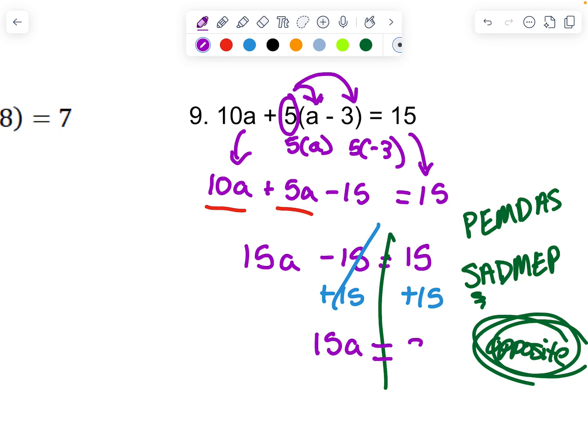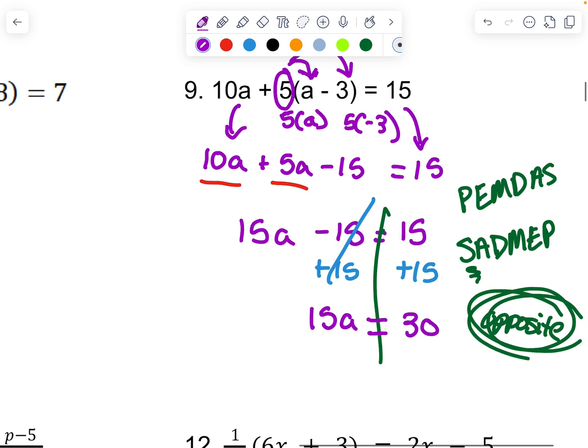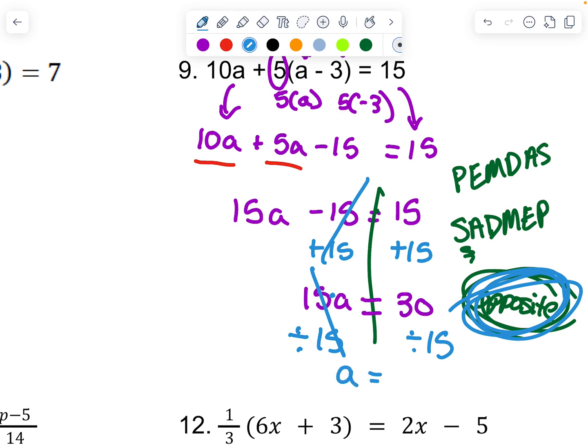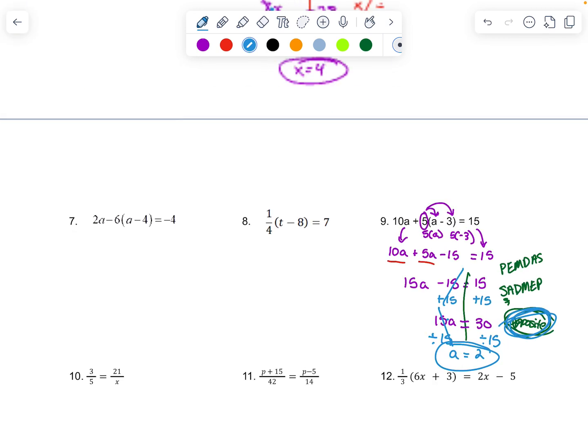And then over here, 15 plus 15 is 30. And again, I have multiplication here, and I'm wanting to do the opposite, so I need to divide. I'm going to divide by 15 so that they cancel out, and I'm left with A equals 30 divided by 15 is 2. So that is solving for you.